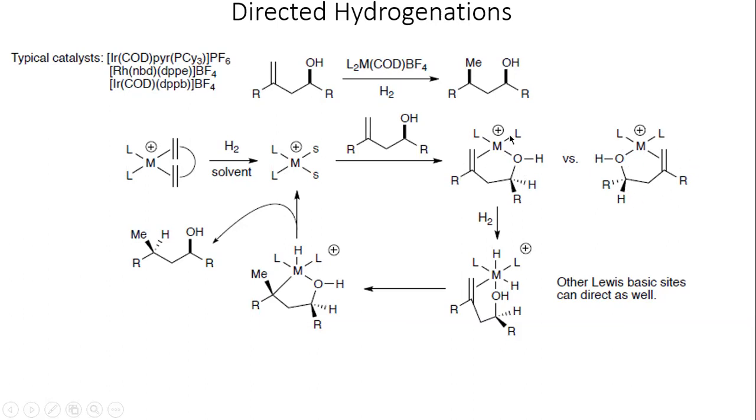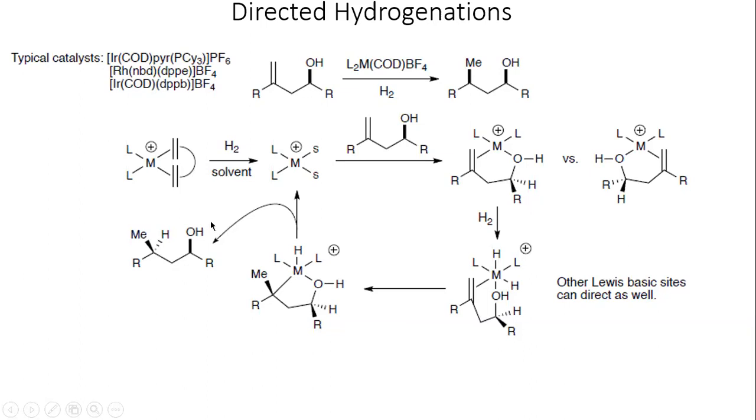And it's all cationic. Then when you add in your hydrogen and hydrogenate the metal, this is what the complex looks like, right? If this is the favorite complex, then it's going to react faster and go through the addition of hydrogen, followed by migratory insertion and then reductive elimination.